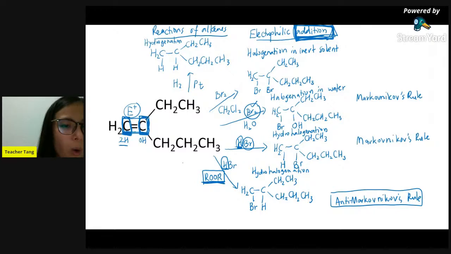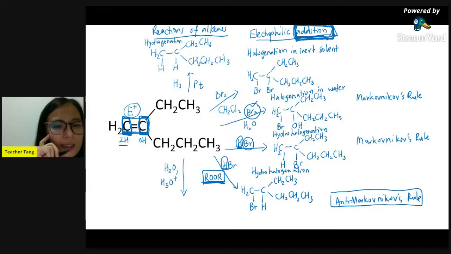Okay, and then we also look at hydration. So hydration needs a catalyst, usually acidified water. So for this, again, it is electrophilic addition.